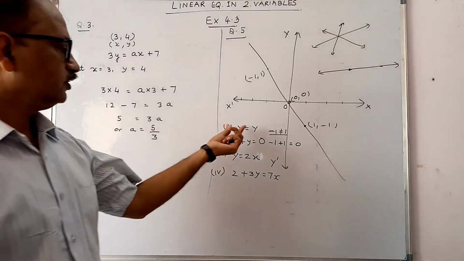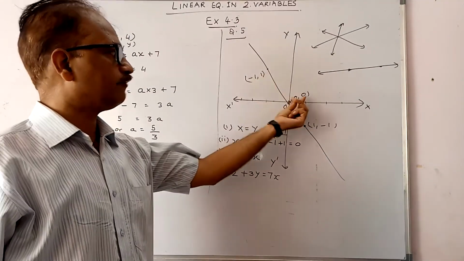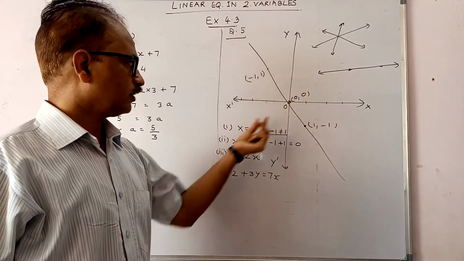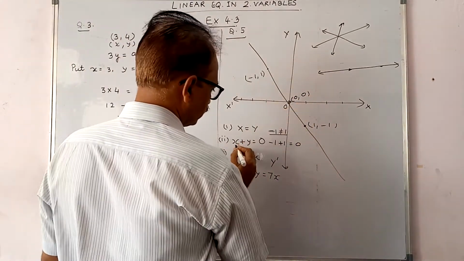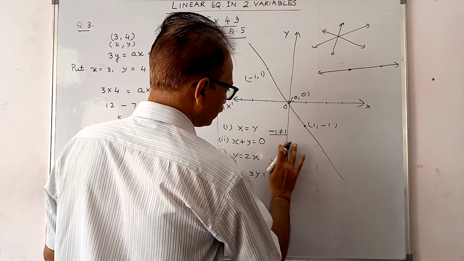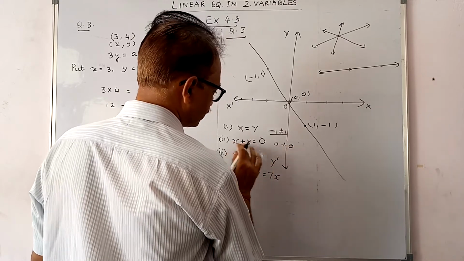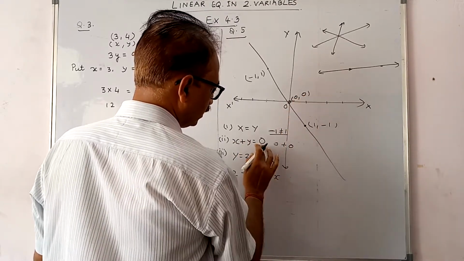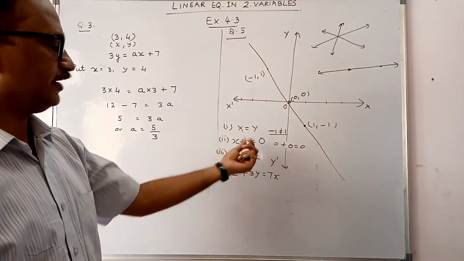Similarly here, 1 point is not sufficient, we have to take the second point also. So let's put x = 0 and y = 0. Here x is 0 plus y is 0, and that result is equal to 0. So this point (0, 0) also satisfies this line.